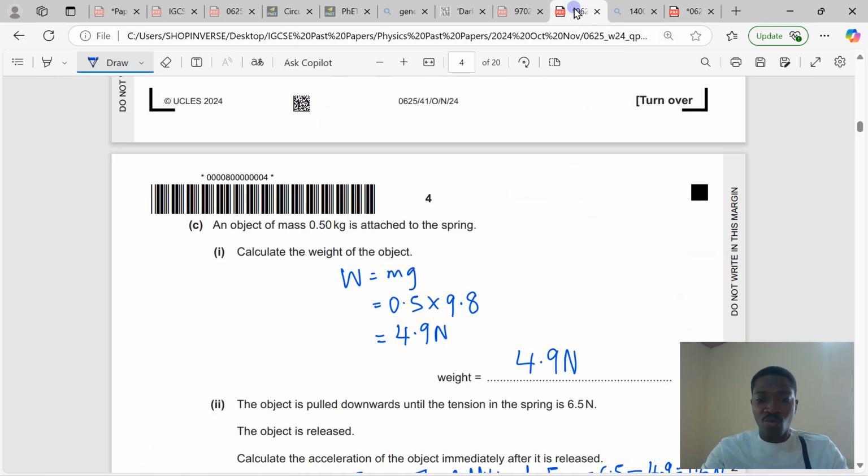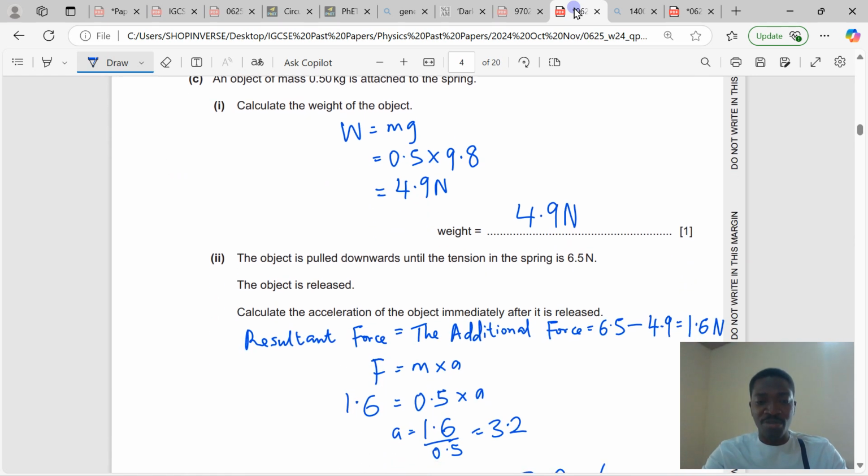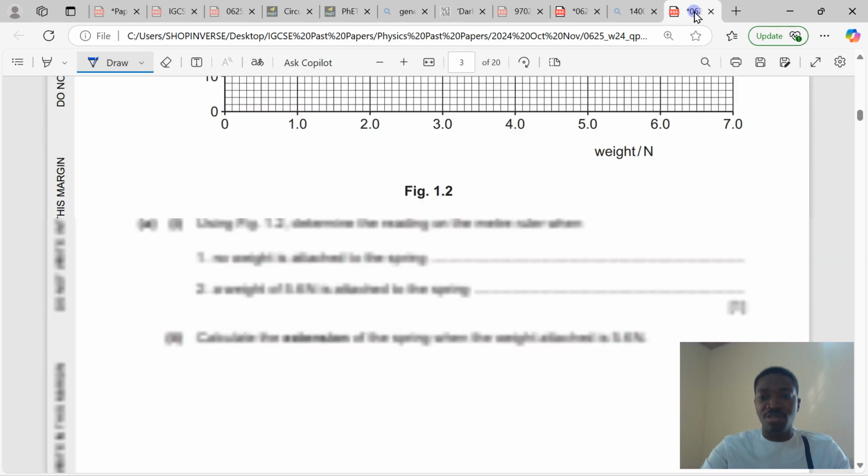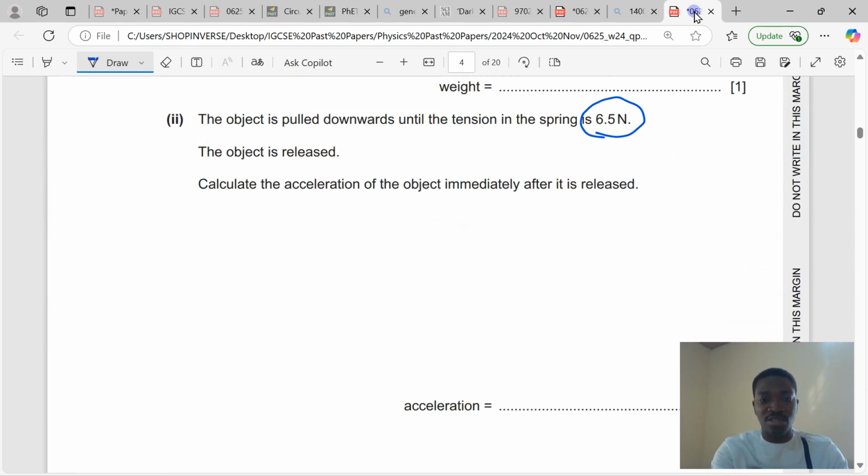When you pull the spring further, you've added a force. The additional force in that case is taken as the resultant force. And do not forget that resultant force is mass times acceleration.